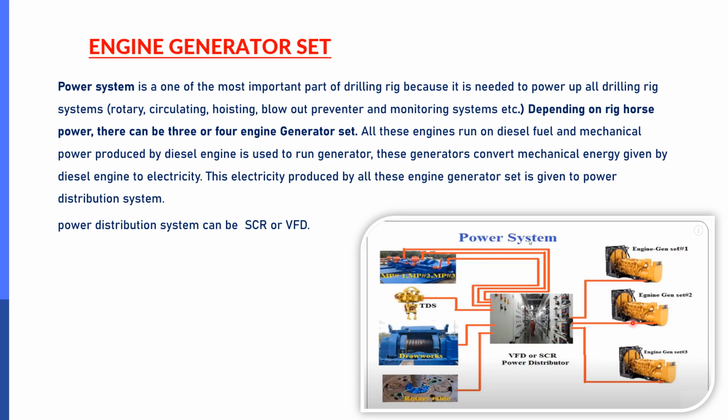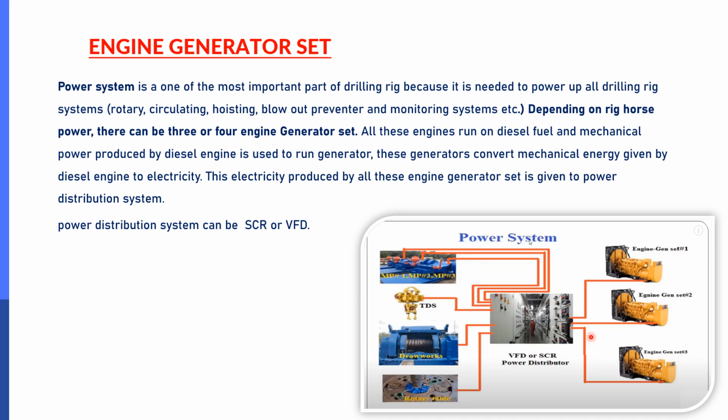Why? Because these generators produce the electricity, and this is supplied through the cable to the VFD or SCR. Here you can have a question, what is VFD or SCR? We will see in the next slide, but here I want to tell you that from the electrical point of view, because electrical is the energy source to power up and run all the equipment of the rig, the rig is of 2 types: either VFD or SCR.